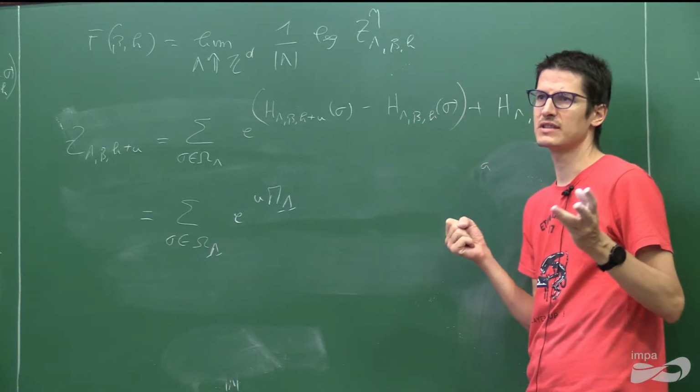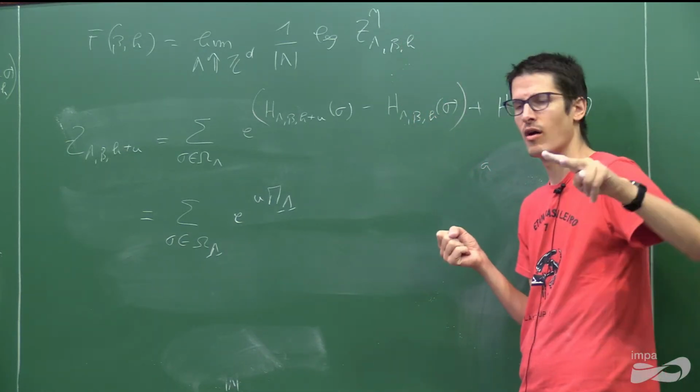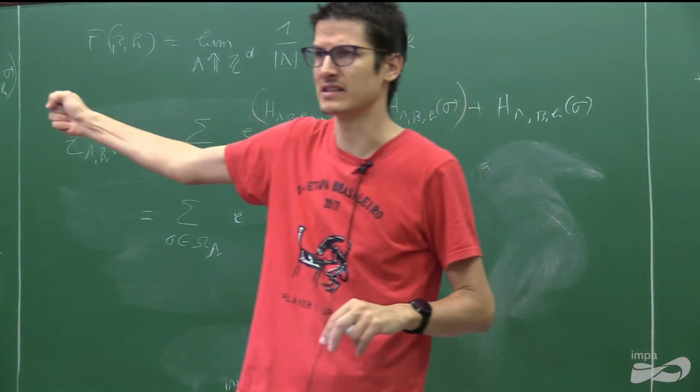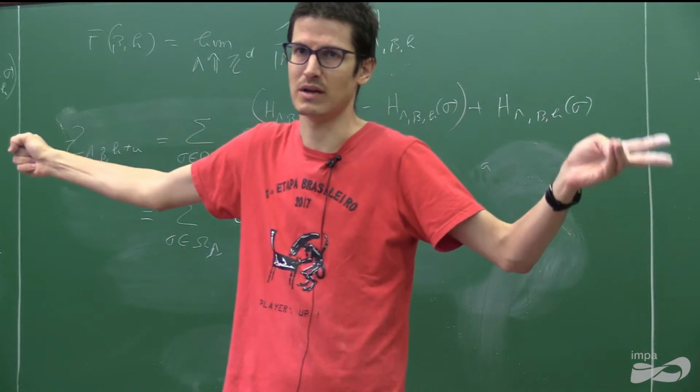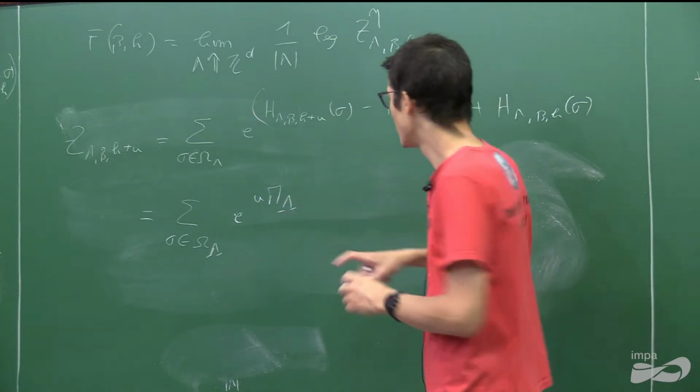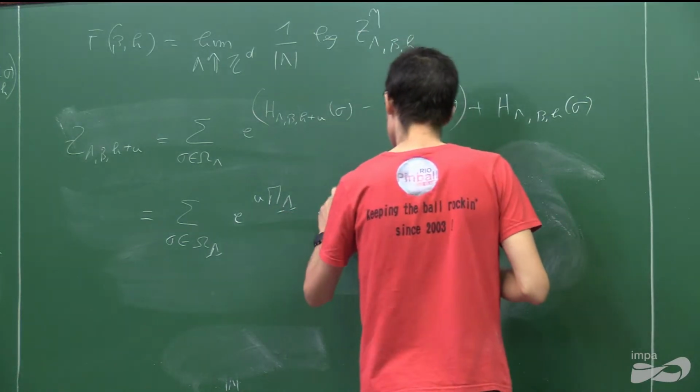All the terms are the same except the magnetization term. On one side you have h times the total magnetization, on the other side you have h plus u times the total magnetization, so the difference is just this.